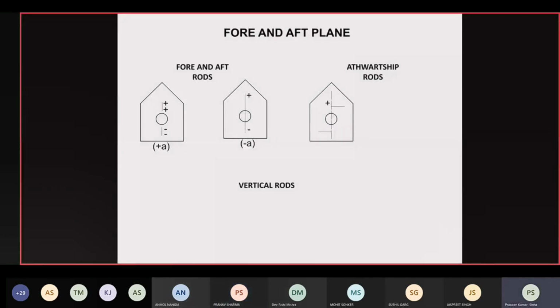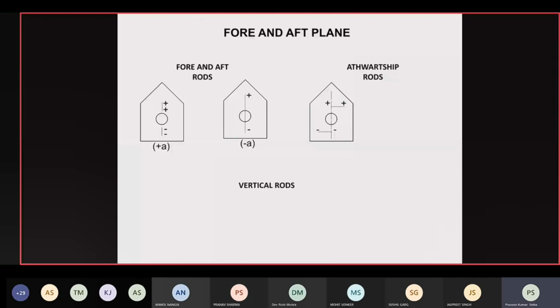So we have these two rods, and now you can understand how they are named. I think now it is going to appeal to you. Yes, okay, it is going all right now that we have understood. So the forward rod also is a positive rod.